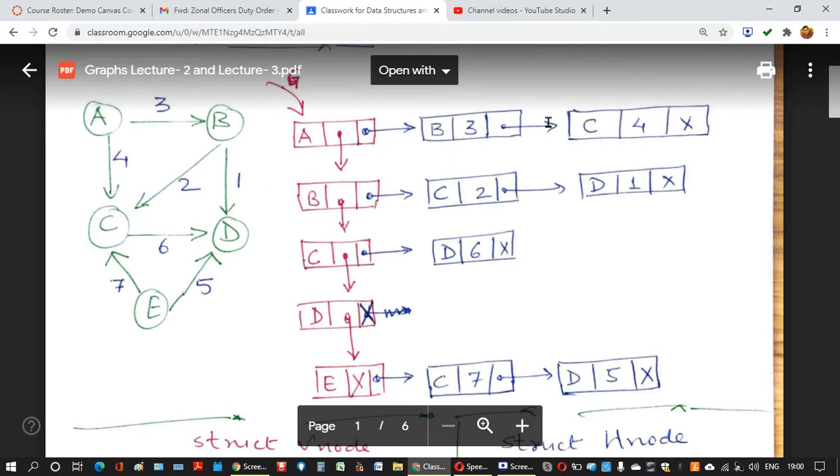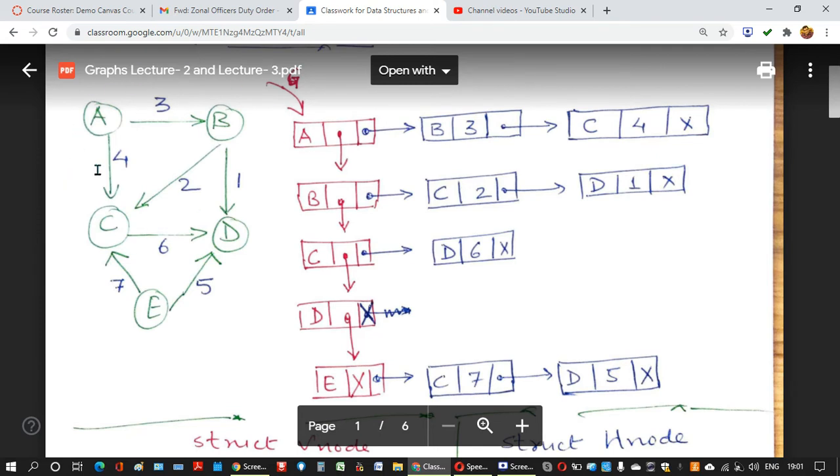Now you see what this horizontal list means. From A there are two outgoing edges. We are considering outgoing edges. One is from A to B and one is from A to C. So in the horizontal list of A, there will be two nodes.